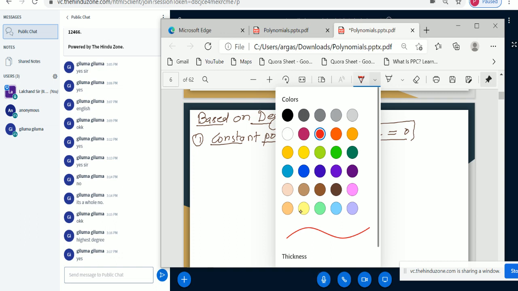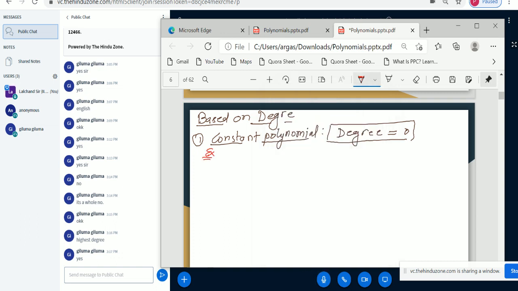Okay. For example, we can write any constant number like 10, 5, some other constant like pi. Acha, tell me whether pi is a constant or a variable. Please tell me, is pi a constant number or a variable number? Why?